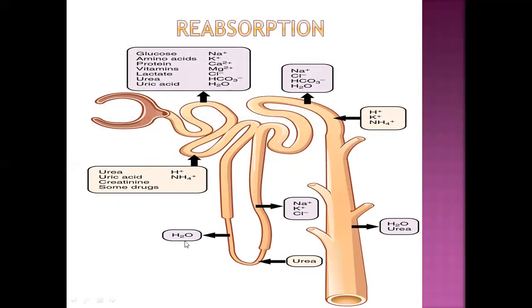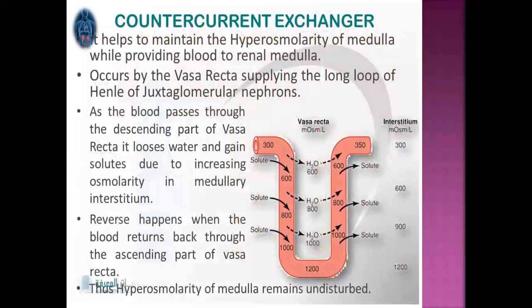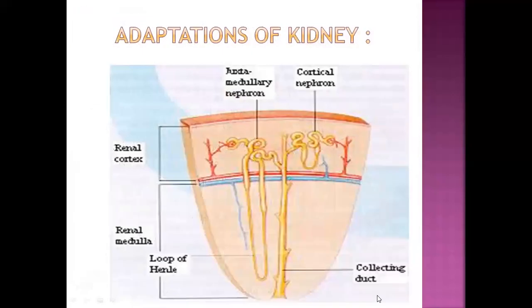In descending, water moves out. In ascending, ions move out. This is actually counter current exchange, or balancing of the body, which we are discussing here. Thus, the hyperosmolarity of the medulla remains undisturbed.